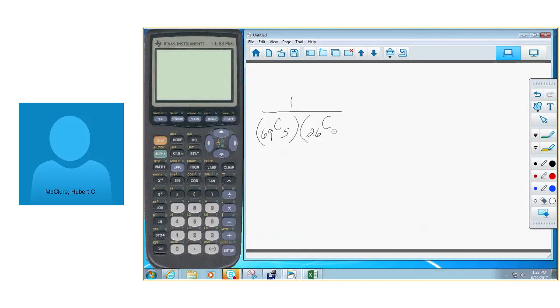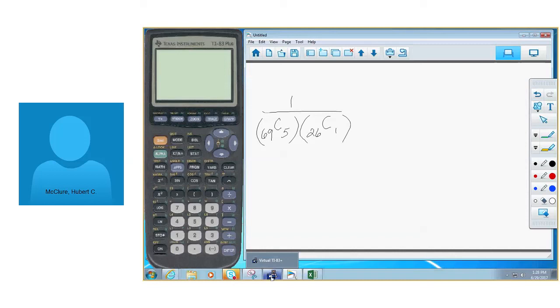Now, why am I using combination instead of permutation? Because it says nothing about order, Hubert. That's right, class. It says nothing about order. So when it doesn't say anything about order, it's assumed that it's a combination.